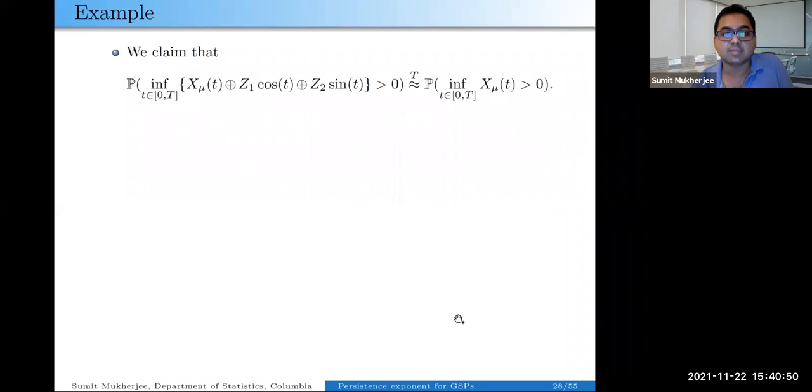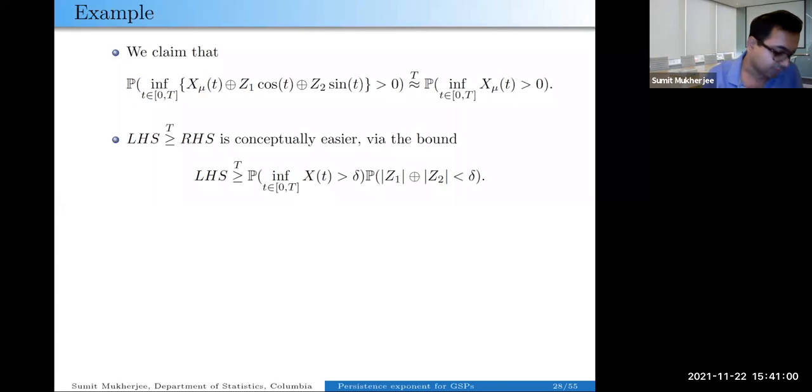Now the claim is that the persistence of this is close to the persistence of this. One direction is easier. Here this notation, approximate with respect to t, means that I'm allowed to commit errors which are e to the power small o of t. I'm not going to track errors which are e to the power small o of t, because that's not going to affect my exponent.